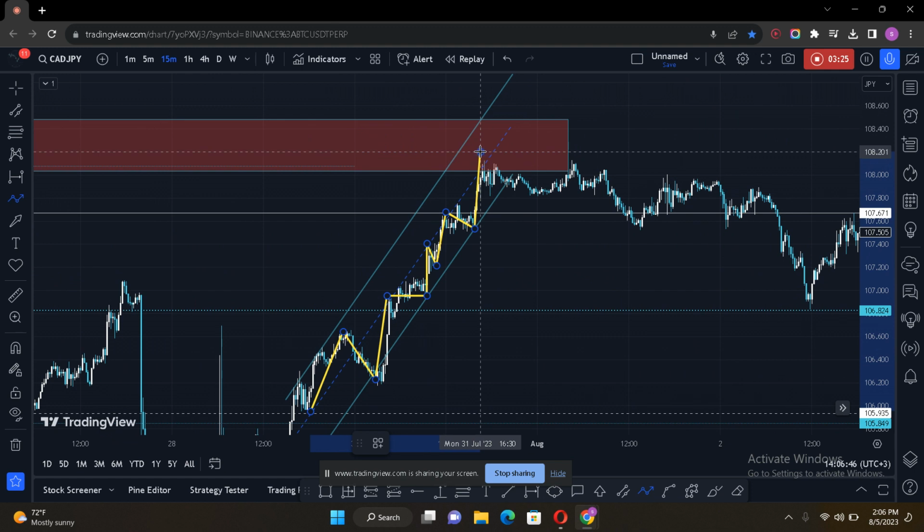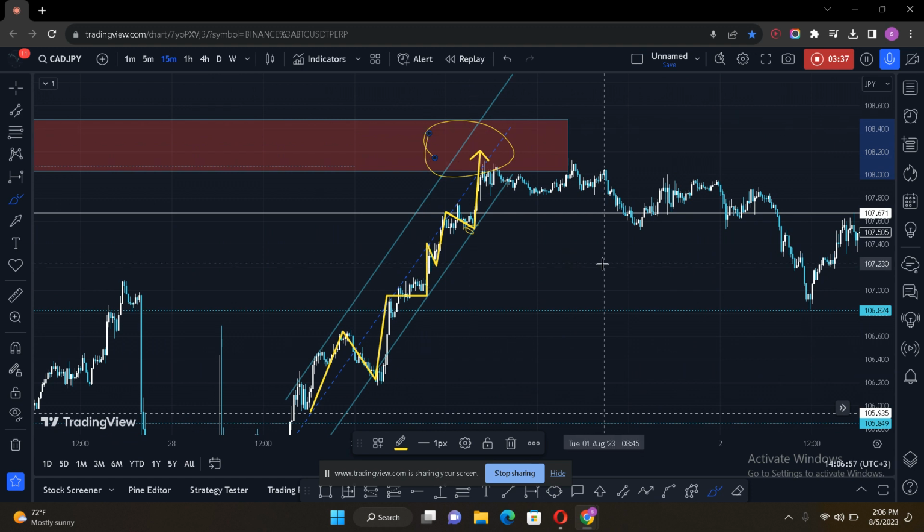This final low that led into my zone was a very important level for me, because only when it actually breached to the downside would I be triggering into the market for a short, because that would be a confirmation that the price is about to reverse.